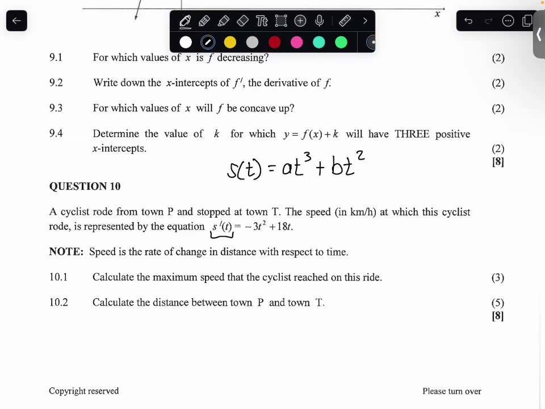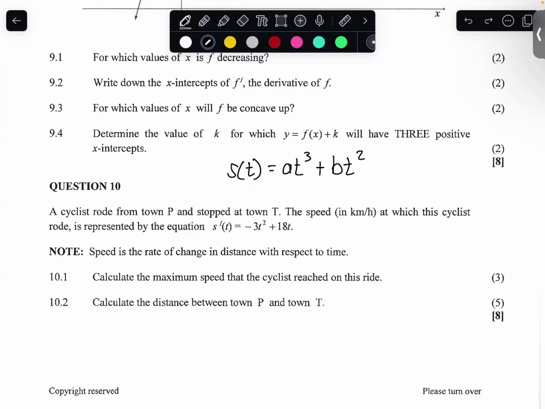S prime of t is speed. And remember, when it's given in this form, this becomes the distance. And they said it here, speed is the rate of change in distance with respect to time. So if they're finding a derivative, and the derivative is a parabola, then the original had to have been a cubic function. All right, and that's how it's supposed to look.